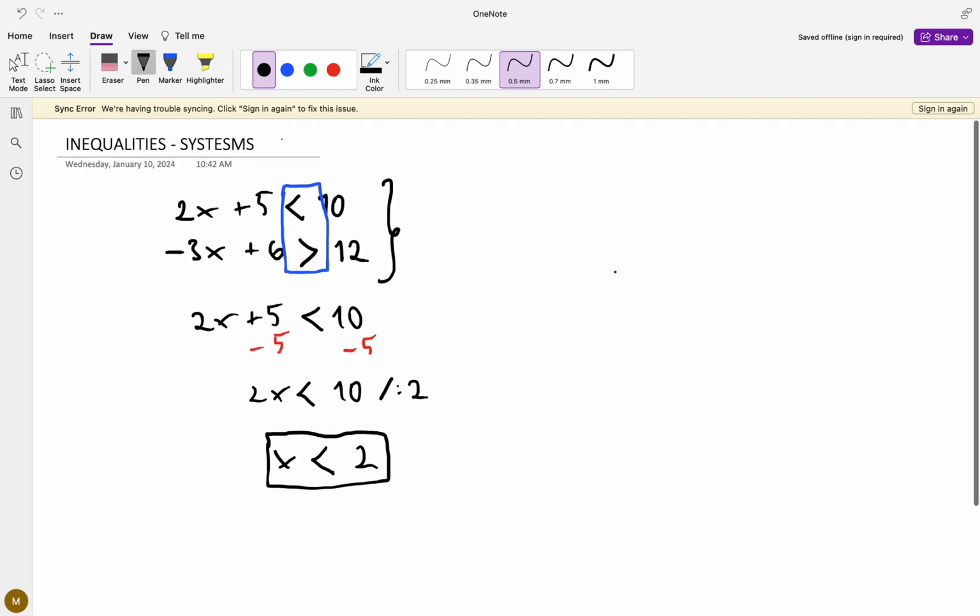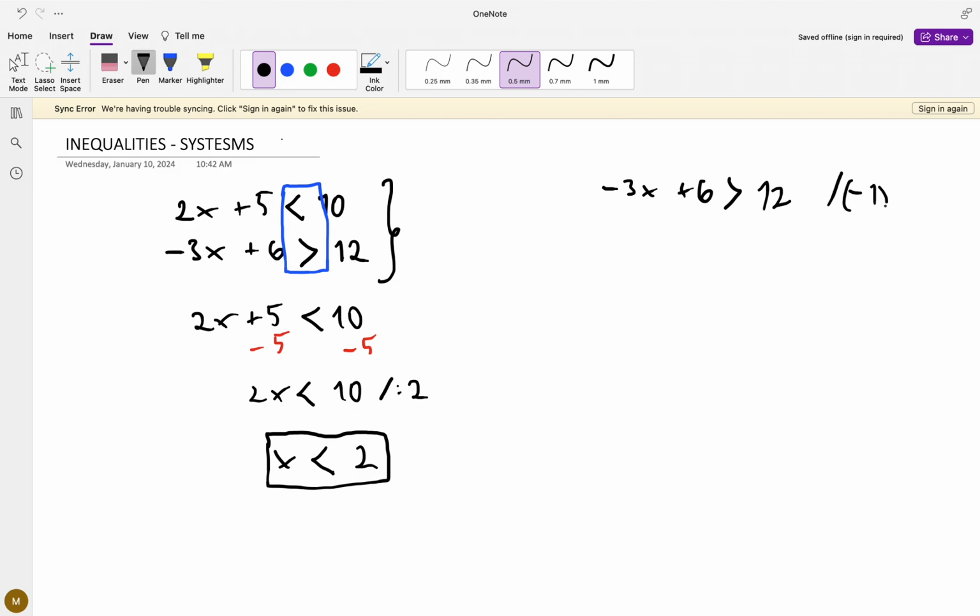Now, let's work on the second one. We have negative 3x plus 6 has to be greater than 12. Now, you see we have a negative sign in front of 3x, so we could either multiply by a negative sign, or we can move some things around. The choice is entirely yours. Personally, I like to multiply by the negative sign.